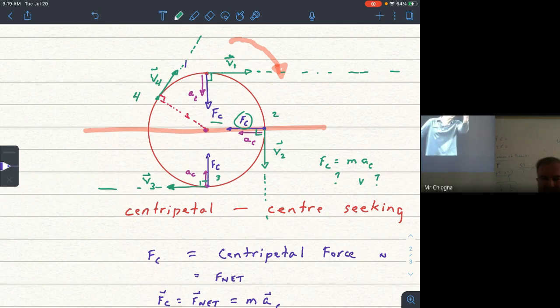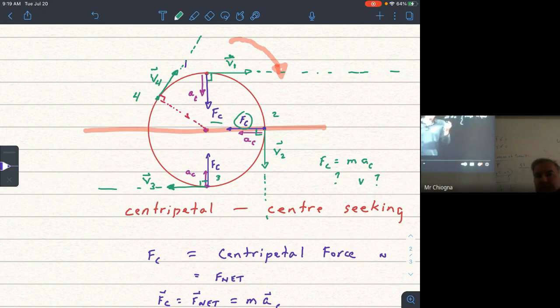And delta v is the change in velocity. Is velocity a vector or a scalar? A vector. So if you have a delta v that's non-zero, that could be due to a change in speed. That's what we're used to.